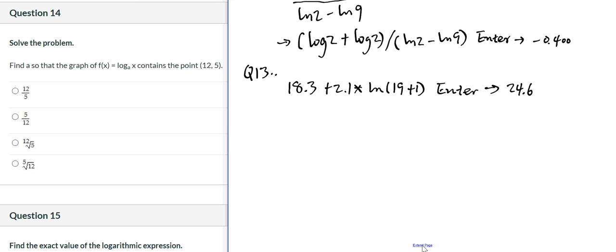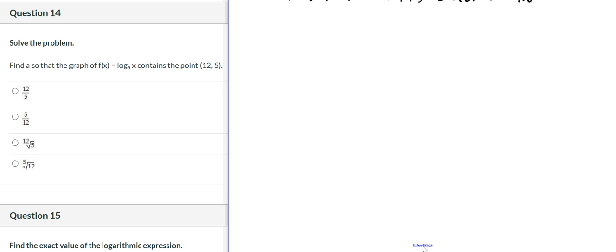We go to the extended page, and then we look at question 14. We have f of x equals log base a of x. We want to find out a.